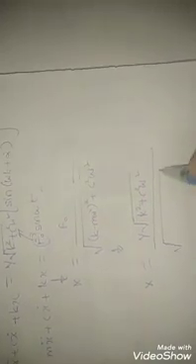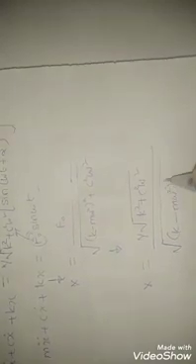So in the displacement equation, if we replace F naught by Y root of k square plus c square omega square, we will get x is equal to Y root of k square plus c square omega square divided by root of (k minus m omega square) whole square plus c square omega square. This is the equation which you are going to get.